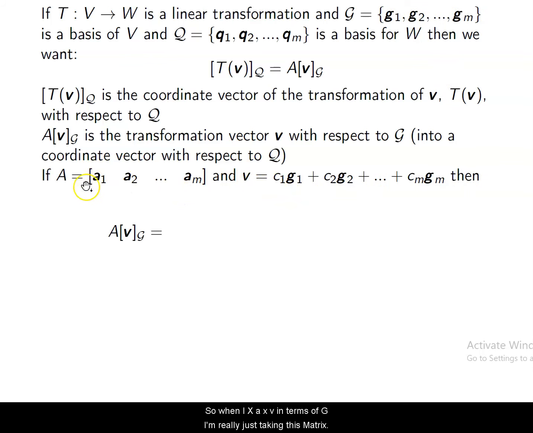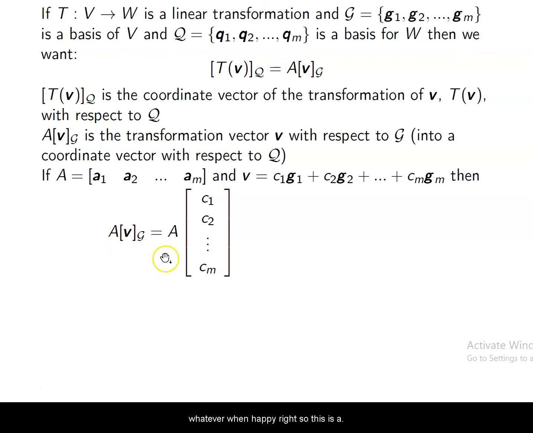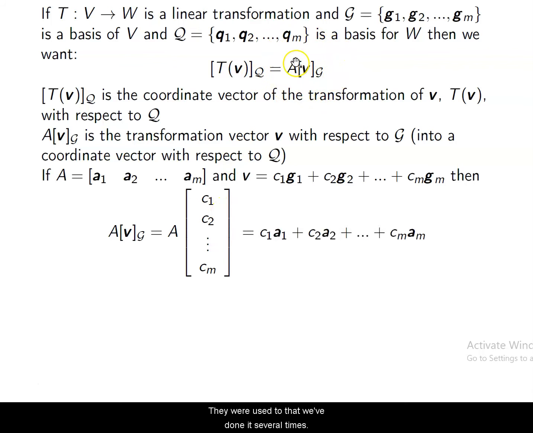So when I multiply A times V in terms of G, I'm really just taking this matrix and multiplying it times this coordinate vector. V in terms of G is just C1, C2, and what have you. So this is A, this matrix, times this C1 matrix. That's what this side looks like. We're used to that. We've done it several times.